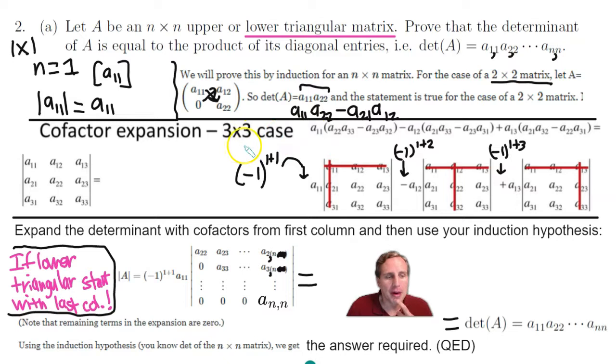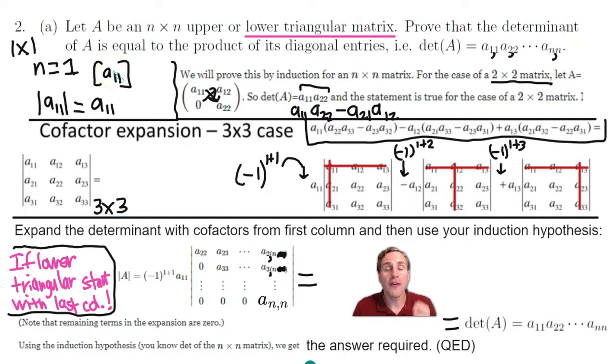What about the 3 by 3 case? Here's a 3 by 3 determinant. Hopefully you're aware of how to calculate the determinant of a 3 by 3 matrix. What we have here is the formula for calculating it, which is generated by what's called cofactor expansion.